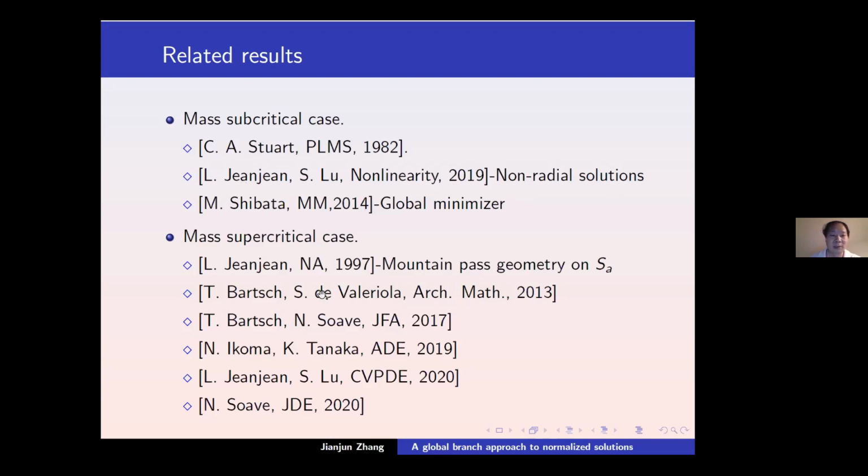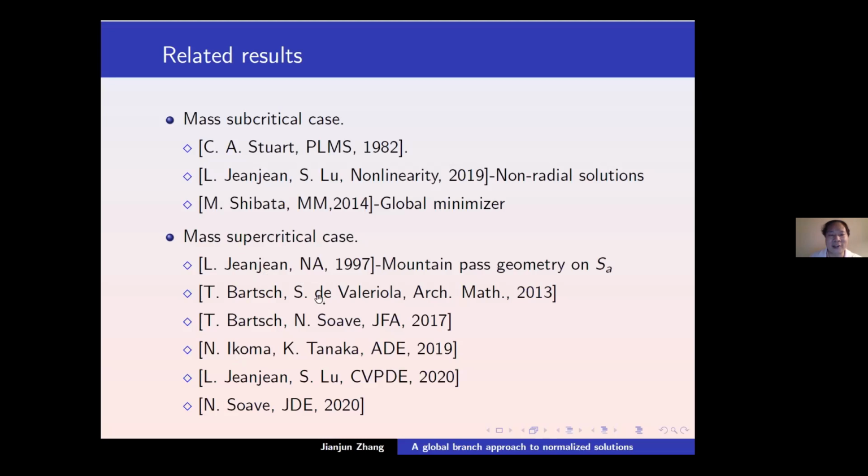Okay. So also, Zhang, Bartsch and Soave, Ikoma, Tanaka and Soave consider the mass supercritical case. Compared to the mass subcritical case, we know the energy functional G is unbounded from below over the sphere S_a.